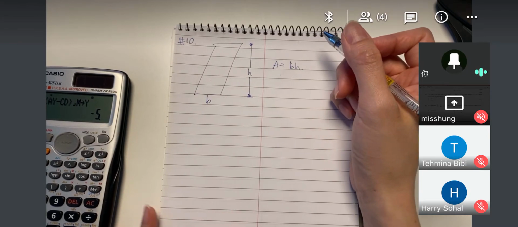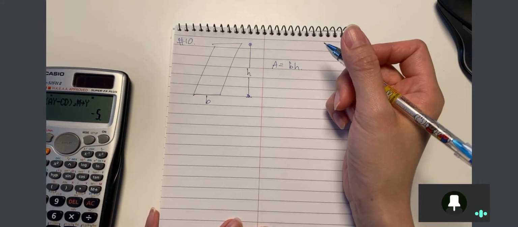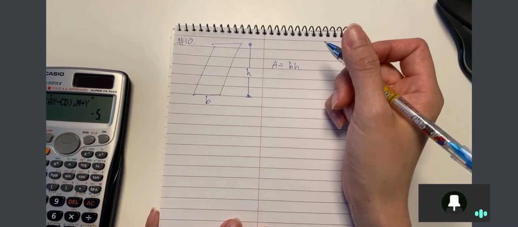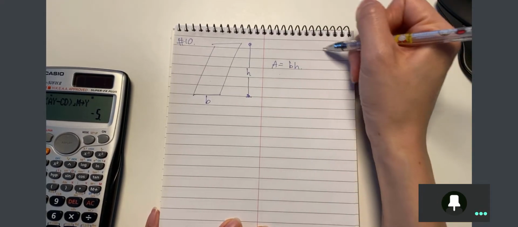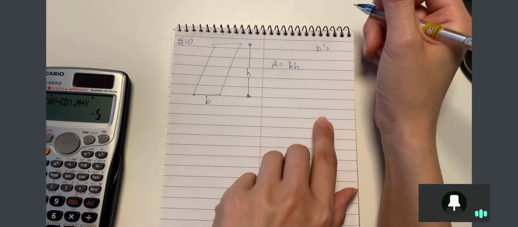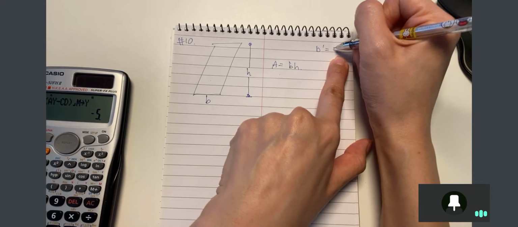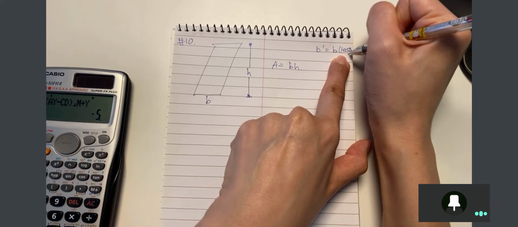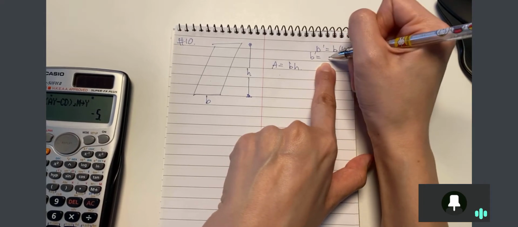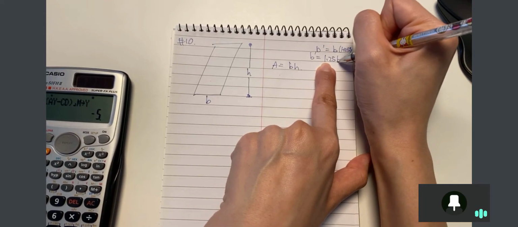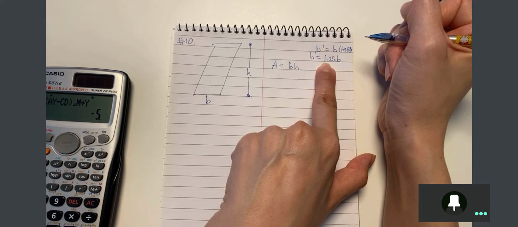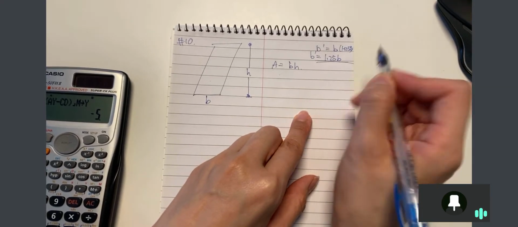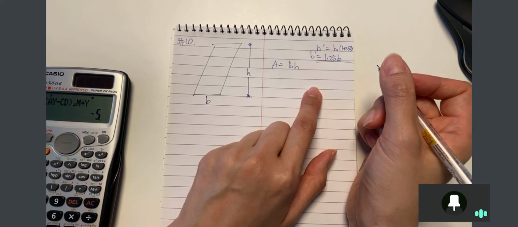If the question says that the new base is increased by 25%, that means it's the old one times (1 plus 25%). So the new base is 1.25 times the old one. Okay, and then the height is decreased by x%.